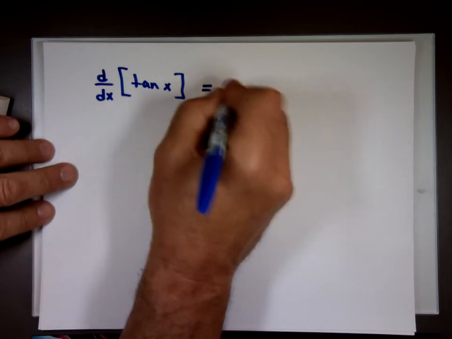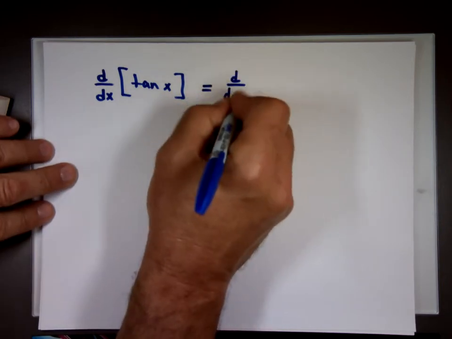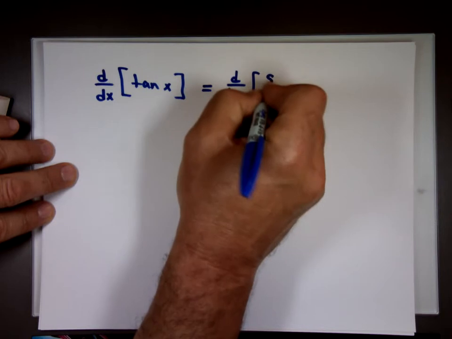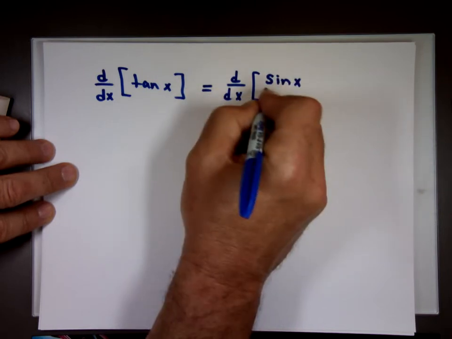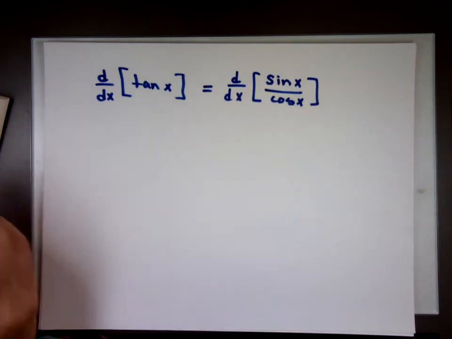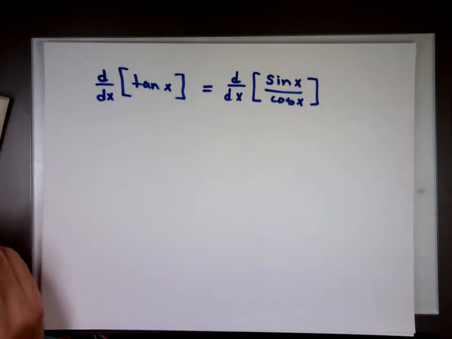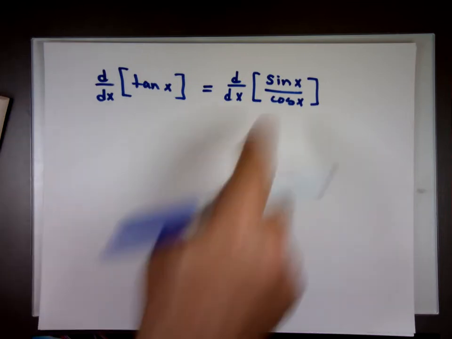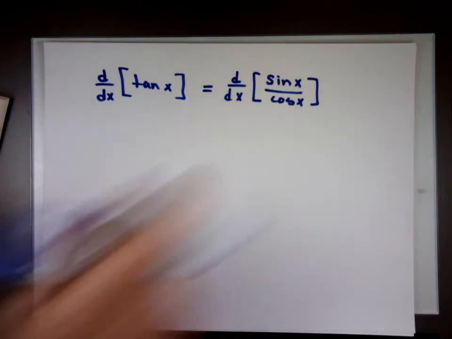Tangent happens to be, if you know your trig functions, what? Sine of x over what? Cosine of x. That's what tangent is. So let's use the quotient rule. There's a fraction, so I can use the quotient rule.